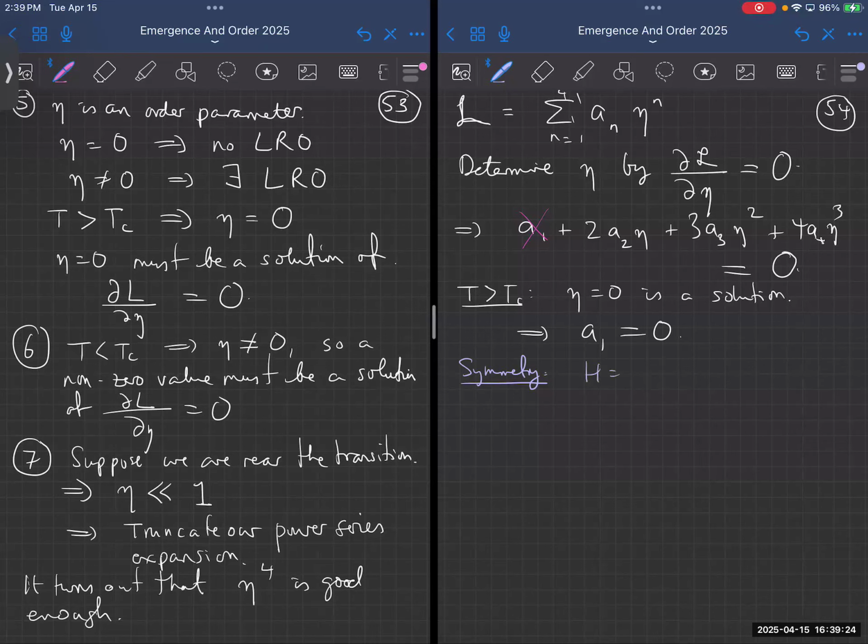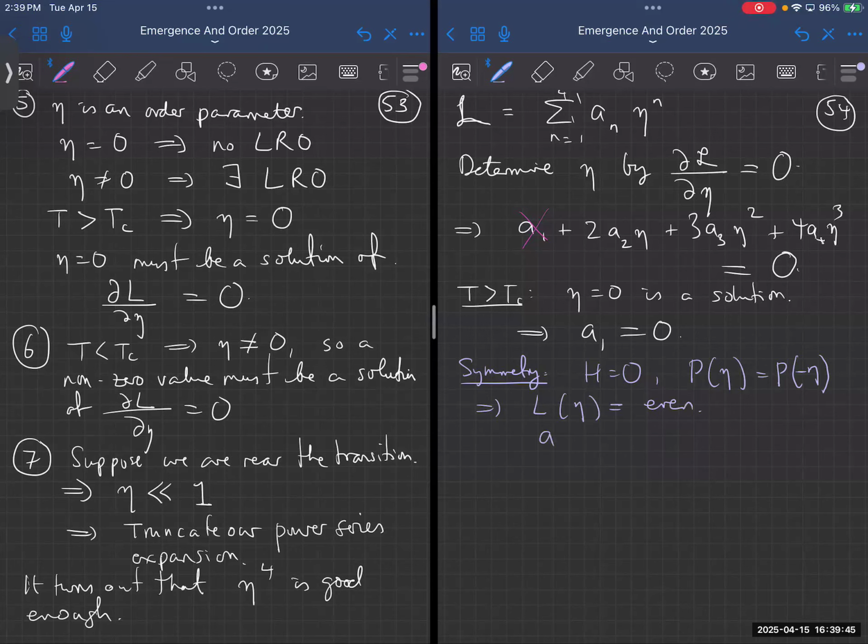So what does the symmetry tell us? Well, when h is equal to 0, the probability distribution of any state with order parameter eta must be the same as the probability of the system when eta has a minus sign in front of it. So that means that L of eta must be even.